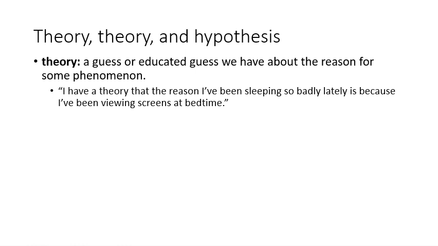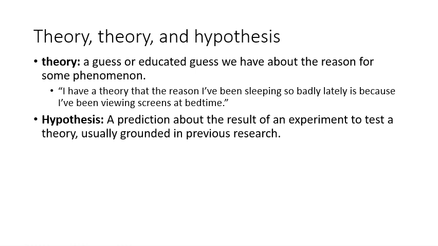Like, I have a theory that the reason I've been sleeping so badly lately is because I've been viewing screens at bedtime. So this person isn't contributing to the scientific foundation. They're just making a guess as to why this phenomenon is occurring, this phenomenon of poor sleep.